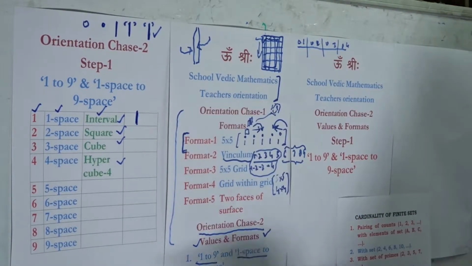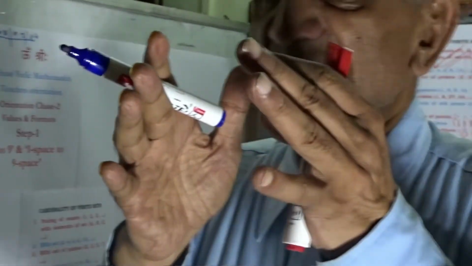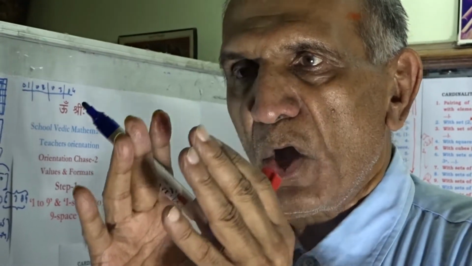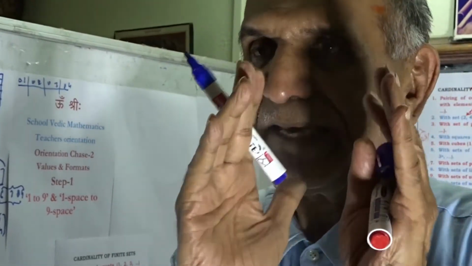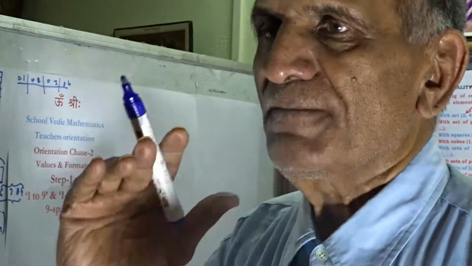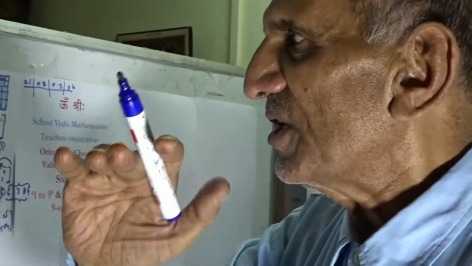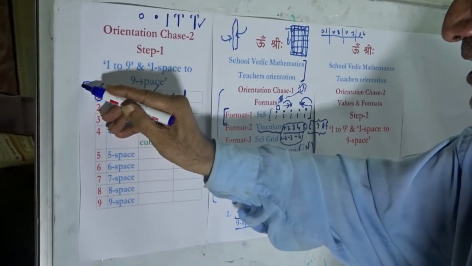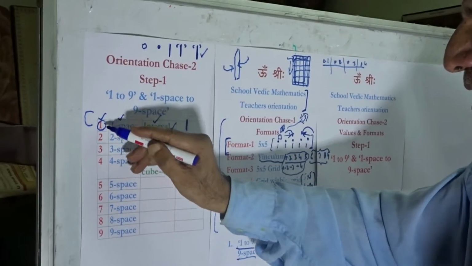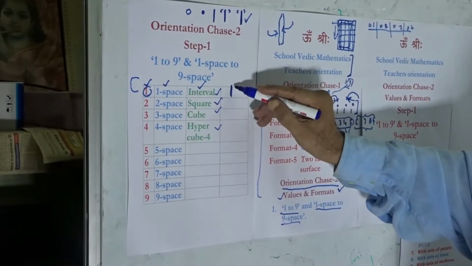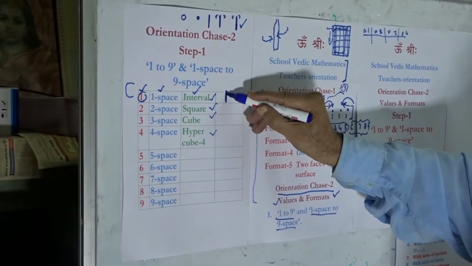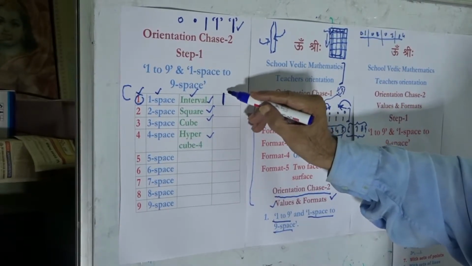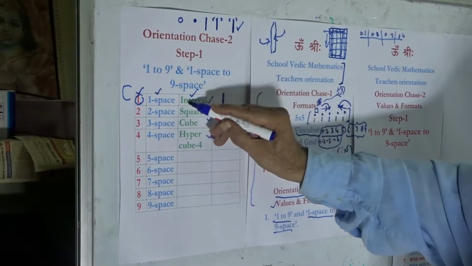step. Once we are successful in creating this firm bond, this firm linking, this firm association, this natural association for number value 1 as a count 1. Once count 1 as number value 1 is given this particular symbol, and this becomes a symbol, and simultaneously it is an expression of a line, and this is given the name interval.